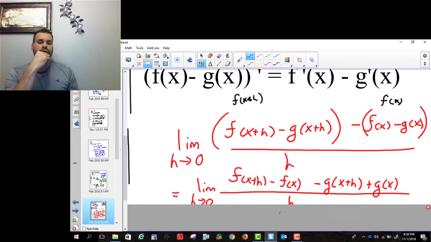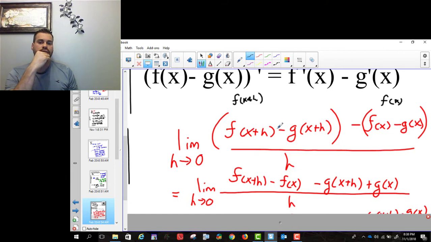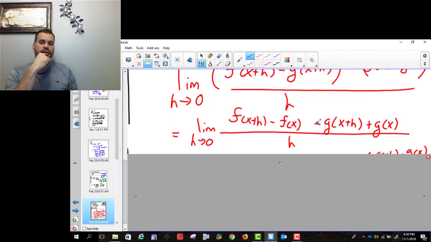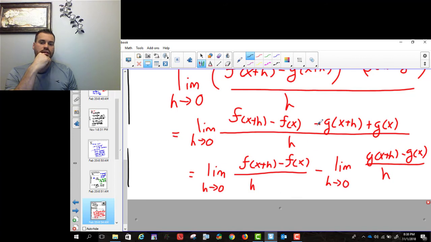And what we're going to do is we're just going to remove the brackets, and we're going to put f of x plus h minus f of x together, and minus g of x plus h plus, because minus and minus, g of x. And all I do then is I change this sign. So I take the negative out, and then I can say this piece is one term, and I just put it by itself.